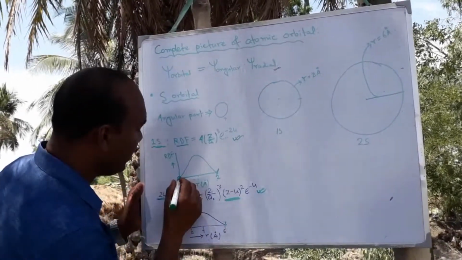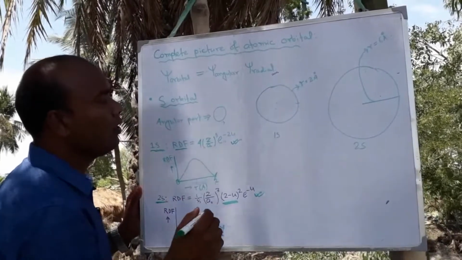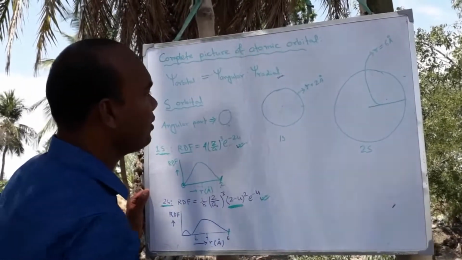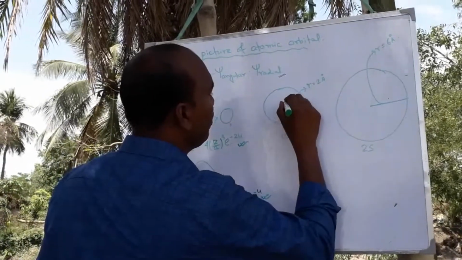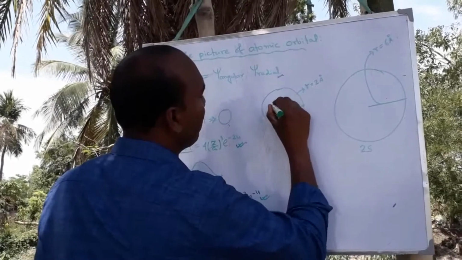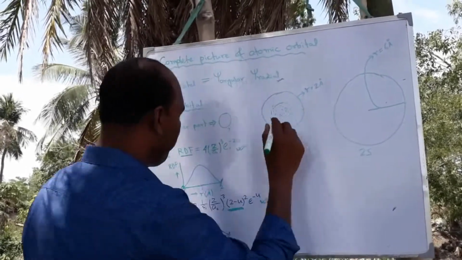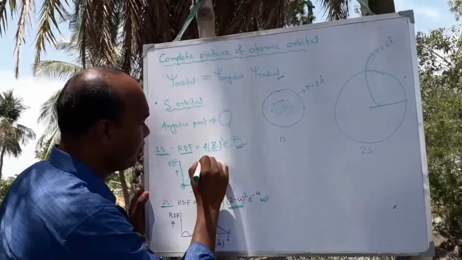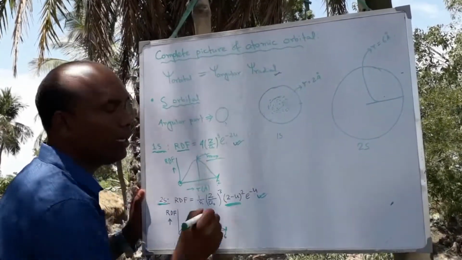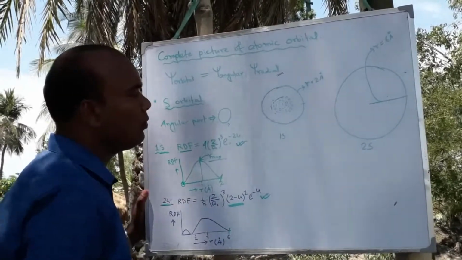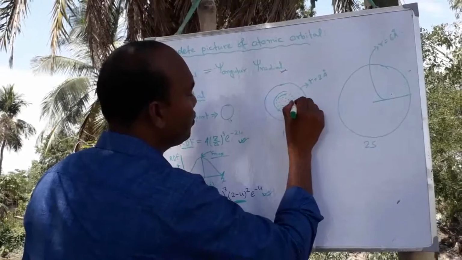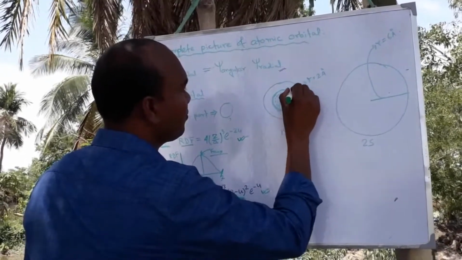Then if you increase the radial distance, the electron cloud density will increase, like this. But at this point, at the Rmax, the electron cloud density will be maximum.